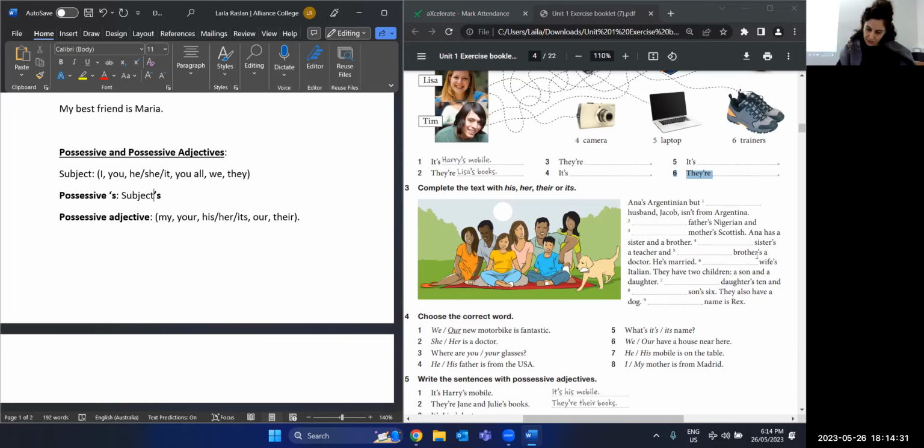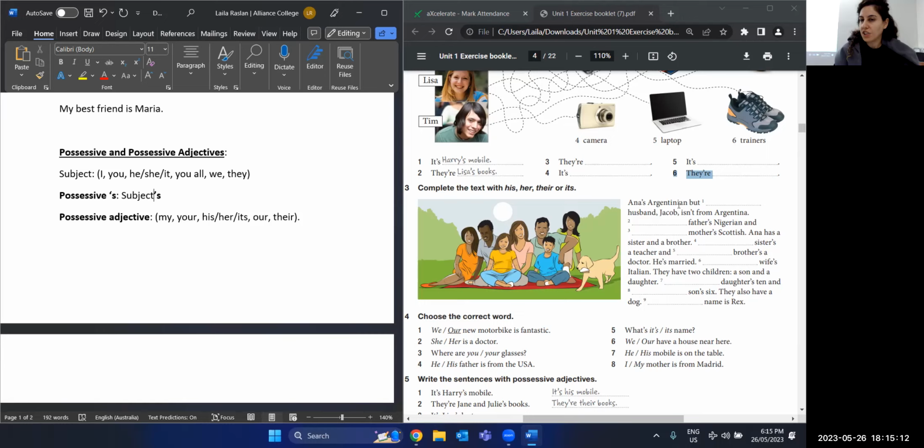She's Argentinian, but her husband isn't from Argentina. His father's or her father's Nigerian. Maybe it's still talking about her, so her father's Nigerian. Oh, I think it's about her husband. So his father, her husband, is Nigerian and his mother's Scottish.